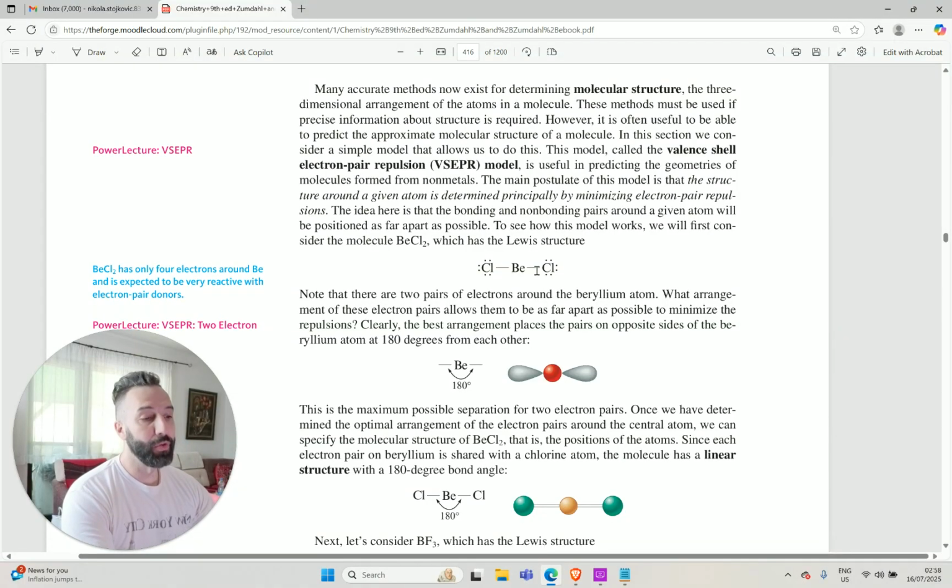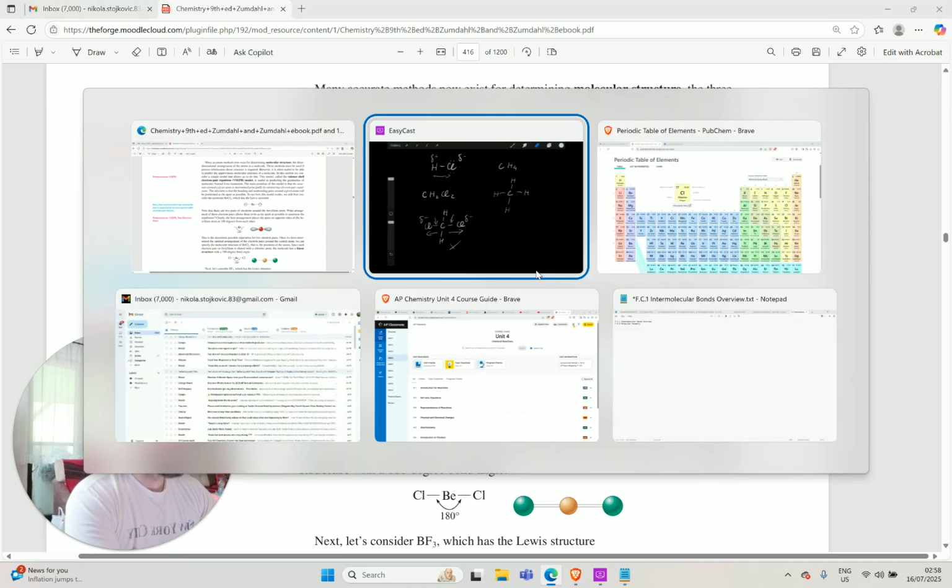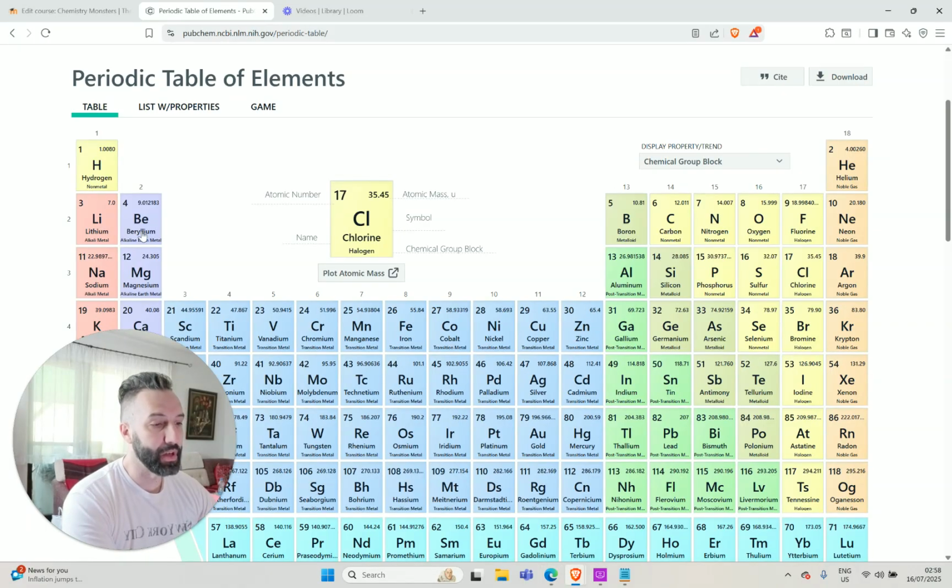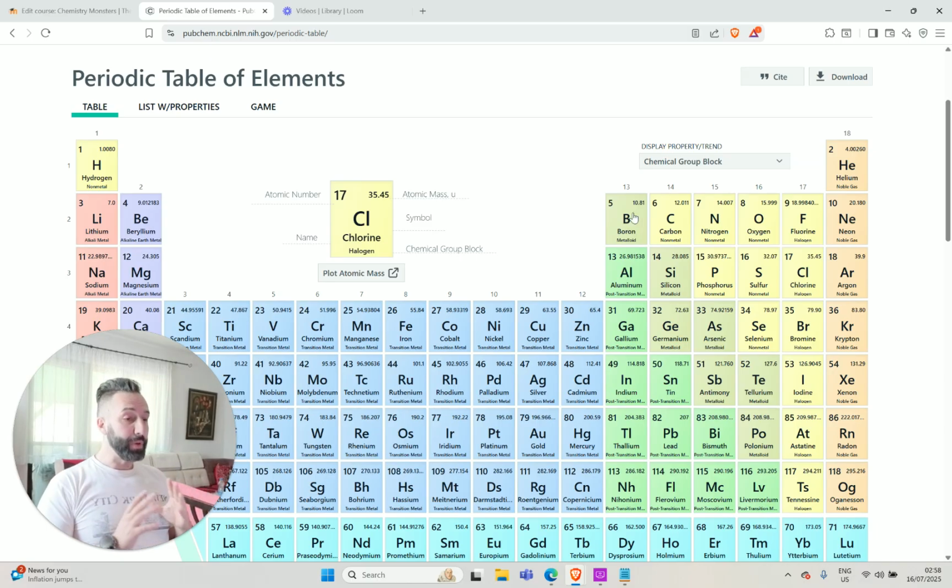So Be, if you remember, I mentioned Be and B. Look at this. Be is here. That's group 2. But Be doesn't need 8 electrons. So Be and B are actually exceptions to the octet rule. Be only needs 2 bonds, only needs 4 electrons to be stable, and B only needs 3 bonds, so it means 6 electrons to be stable.